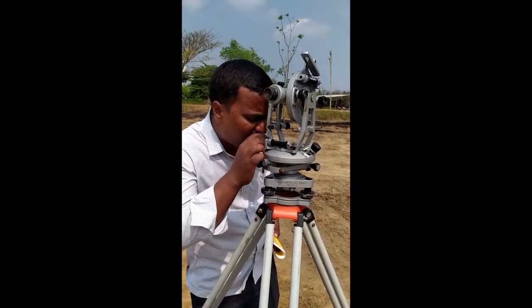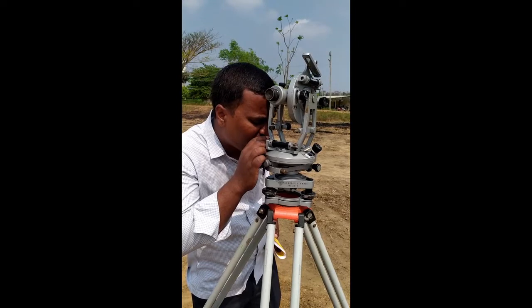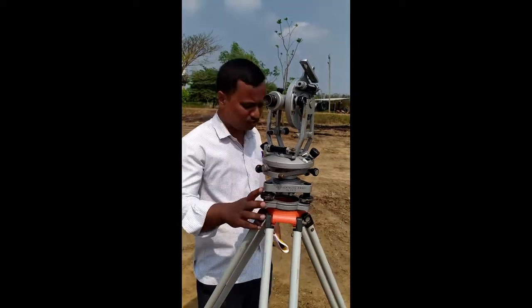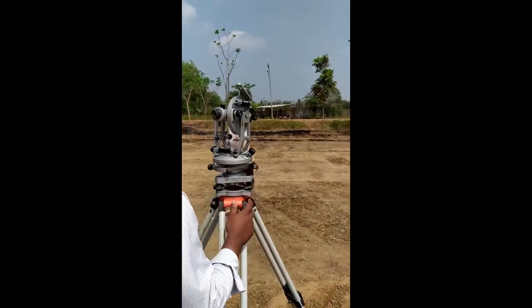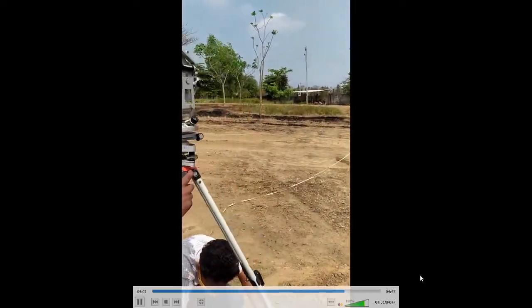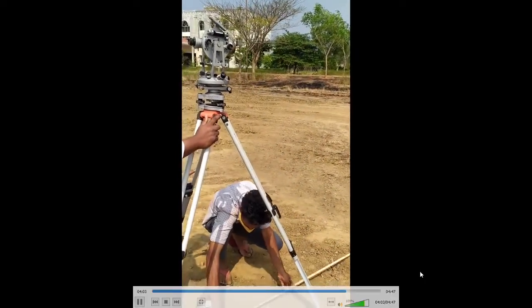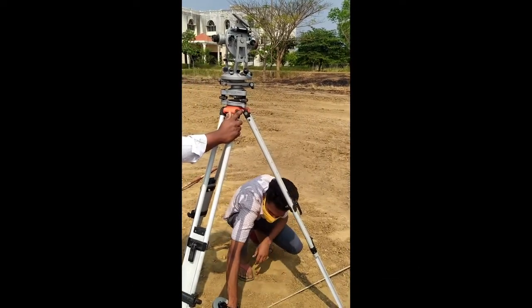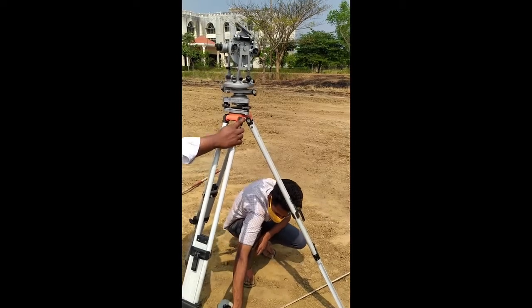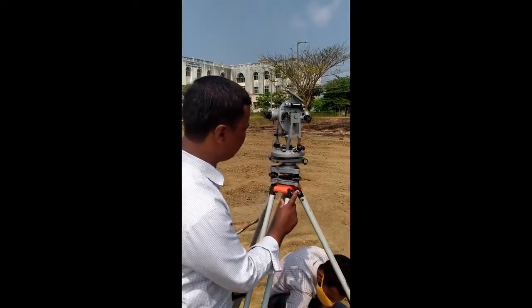The A scale reading equals 145 degrees, 20 minutes and 0 seconds. Measure the distance between B and C. The distance between B and C equals 7 meters.